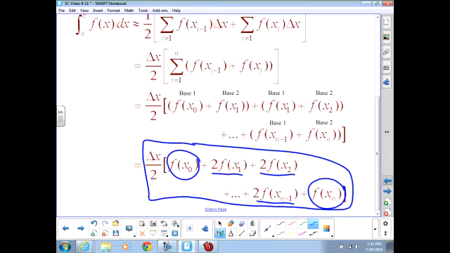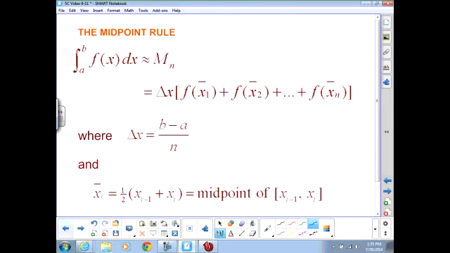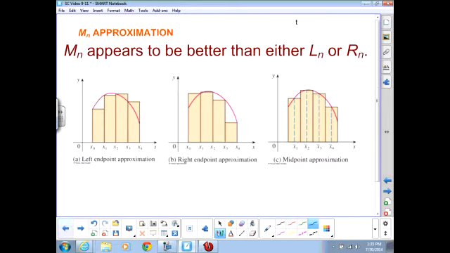And here's why that is. If we look back at our picture, let's start with the left-hand endpoints. Our left-hand endpoints will have x0, x1, x2, and x3.